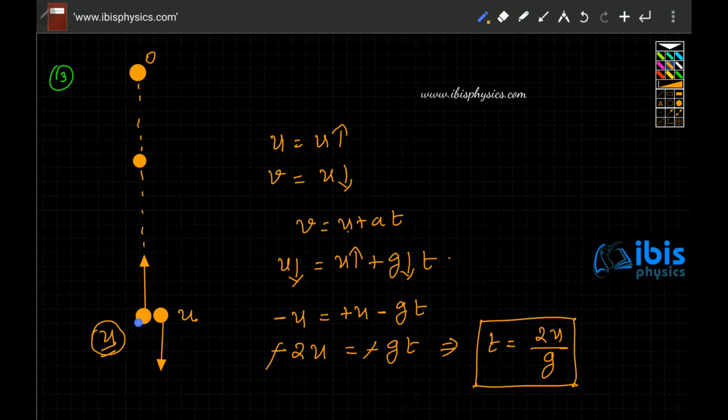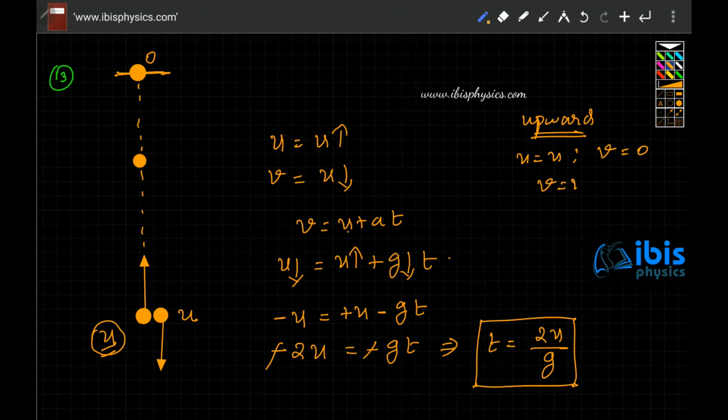The other method is: the time taken to go from the bottommost position to the highest position is the same as the time to come from here to here. From here to here the velocity is u, here the velocity is 0. So what is the time for the upward journey? If you consider only the upward journey, the initial velocity is u, and the final velocity at the end of the upward journey, which is at the highest point, is 0.